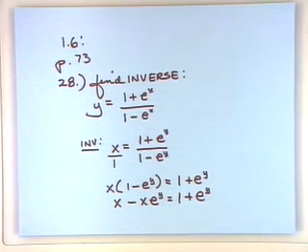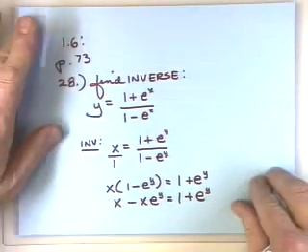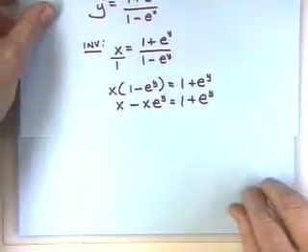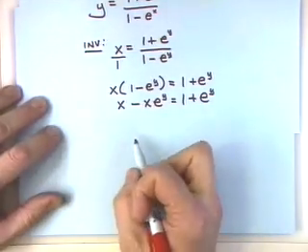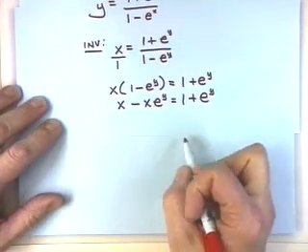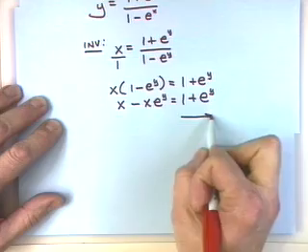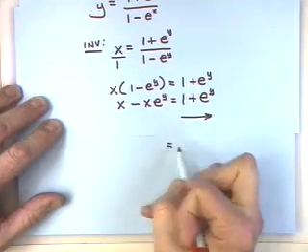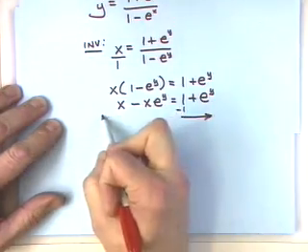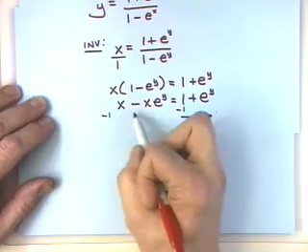And then what I described, let's try to get everything that has a y in it on one side and everything that doesn't have a y on the other side. So let's send all the y terms this direction. So I'd have to subtract 1 from both sides and what?